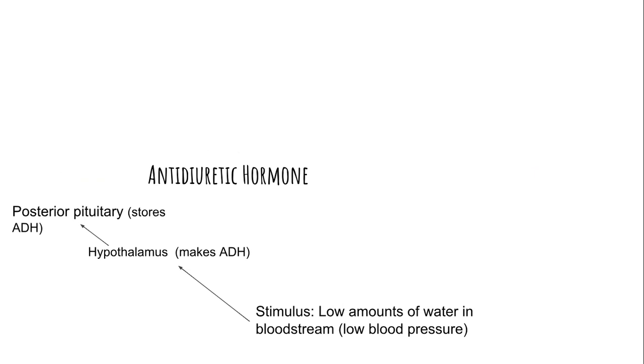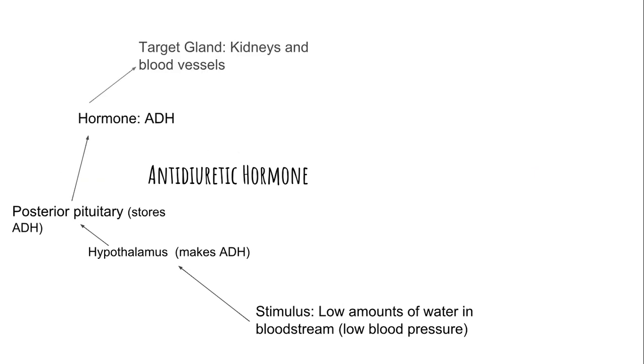ADH is stored in the posterior pituitary. Again, super important. It is the only hormone we're really going to talk about that is completely made in the hypothalamus and stored in the pituitary. The pituitary stores most hormones, but they use some sort of releasing factor and tropic hormone. This one comes directly from the hypothalamus.